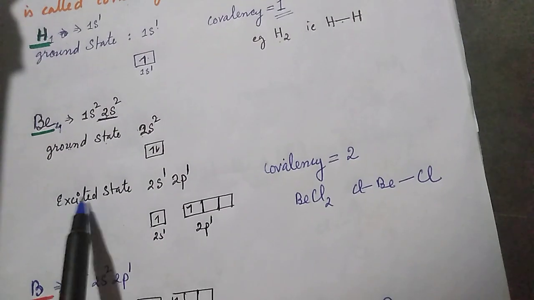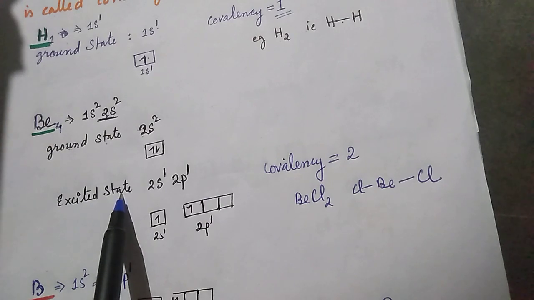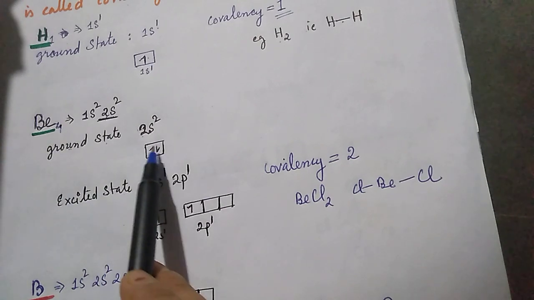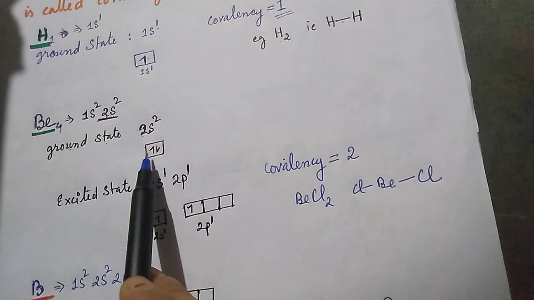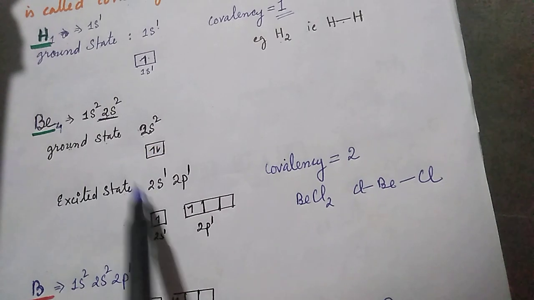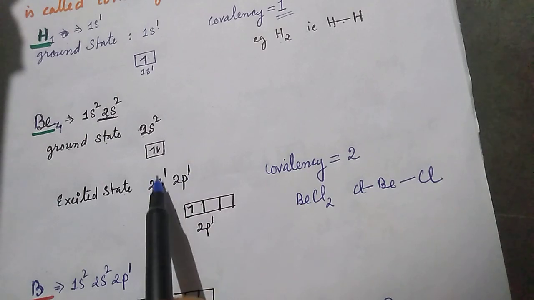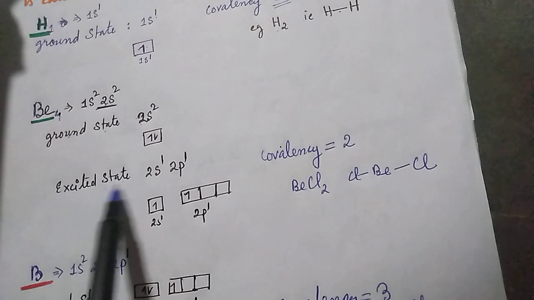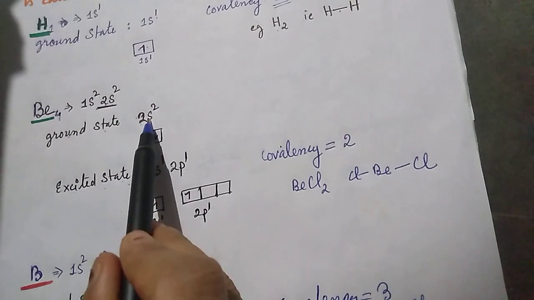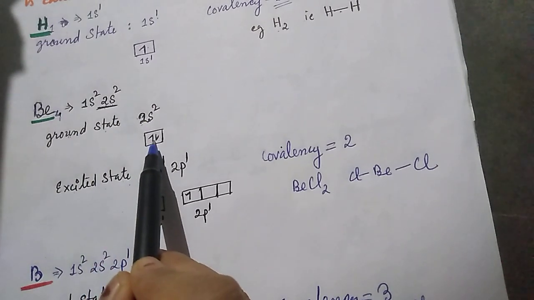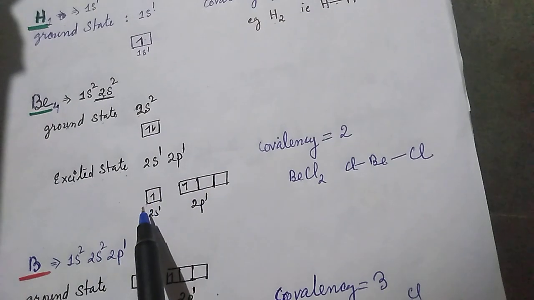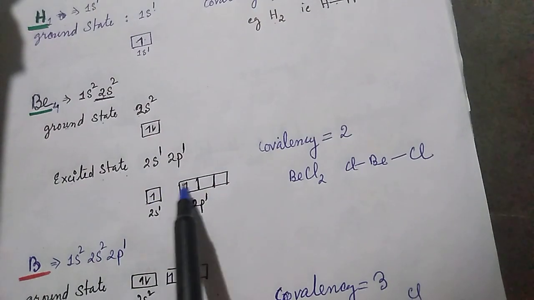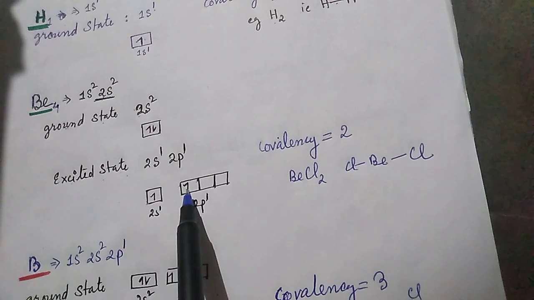So I will excite it. What is the excited state? Excited state means whenever they gain energy, these electrons will try to jump into the higher orbitals, the next orbital. So in the excited state, 2 electrons were there, and 1 electron has jumped to the next orbital, that is 2p1.